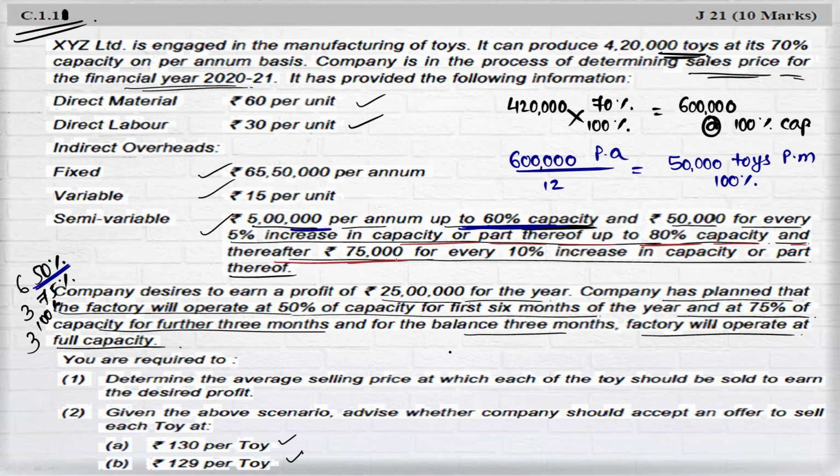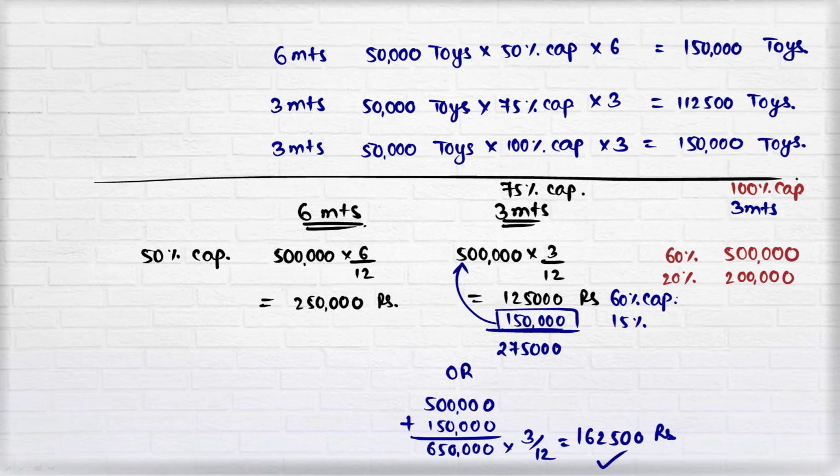In capacity or part thereof, up to 80% capacity. And 75,000 for every 10% increase in capacity thereafter. So after that, we are still increasing 20%. So 75,000 into 2, 1,50,000. You understand this, right? This is 50,000 into 4. This is 75,000 into 2 times.